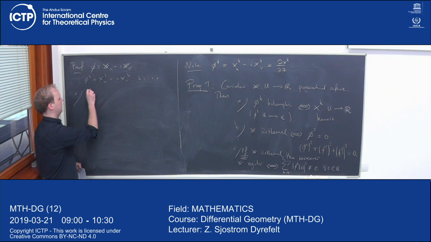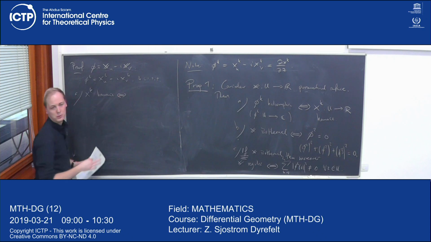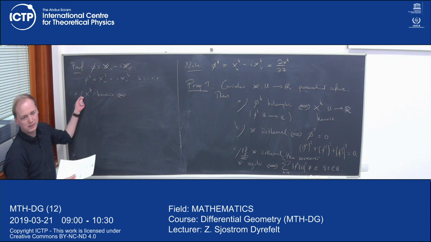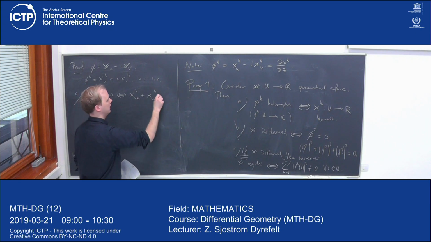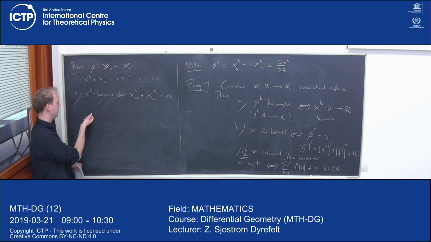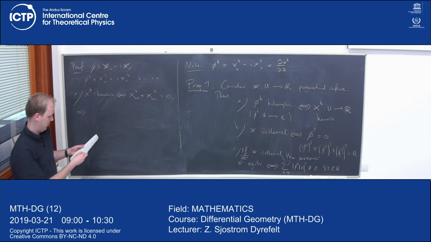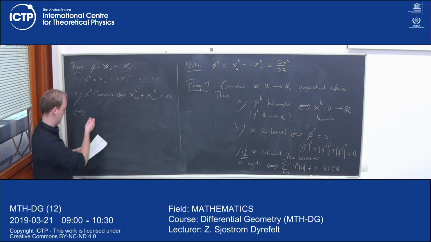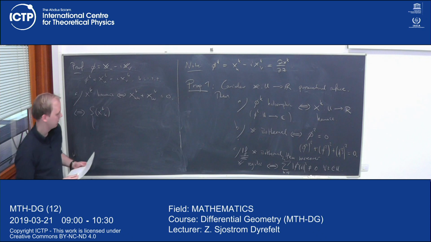So x^k harmonic, so it will be the same for every k. So what does this mean? This means that, by definition, x_uu^k plus x_vv^k is equal to 0. But then what does this mean? This is equivalent to saying that, so now I take x^k_u, and I take the derivative with respect to u.